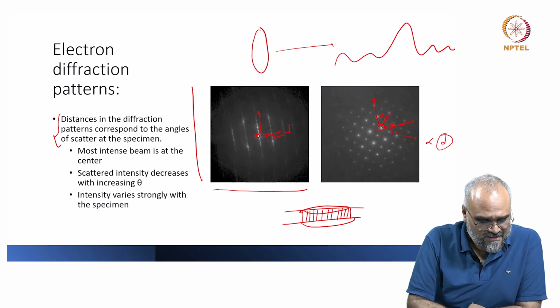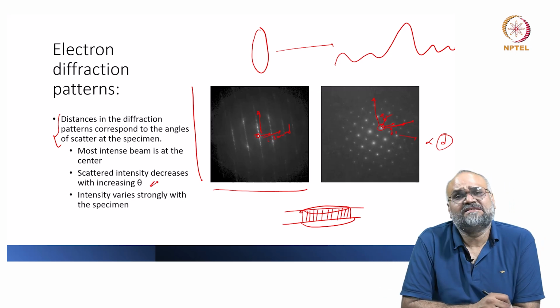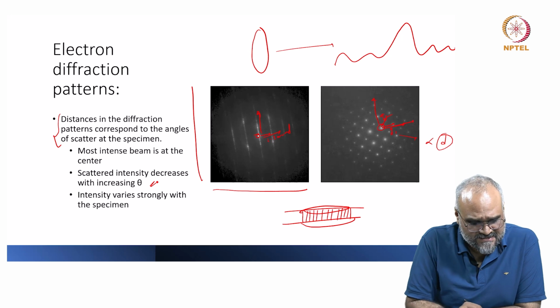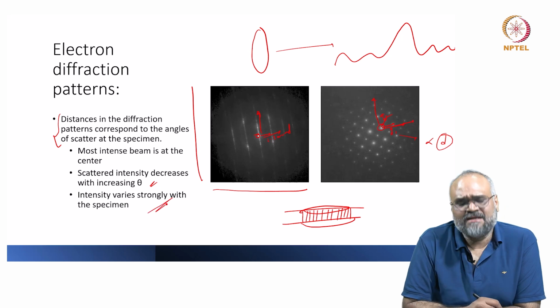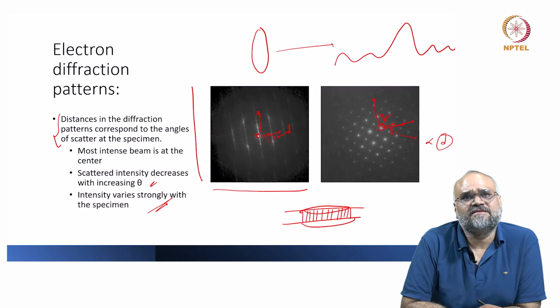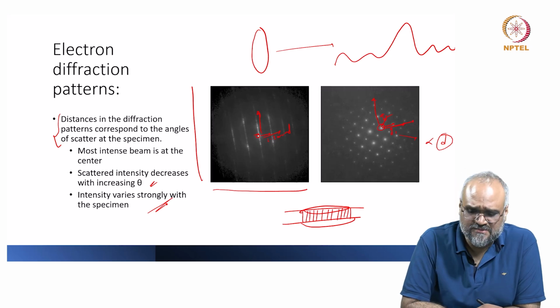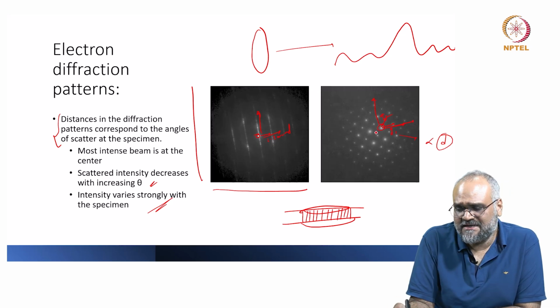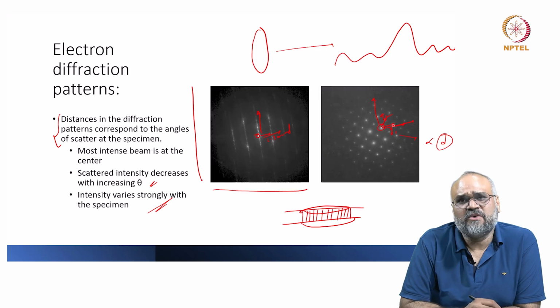So as you can see, the intensity decreases with the scattering angle, and it strongly varies with the specimen as well. Now, if I have a crystal system in which I have only one kind of atoms, I may not see any differences in the intensities of these spots.